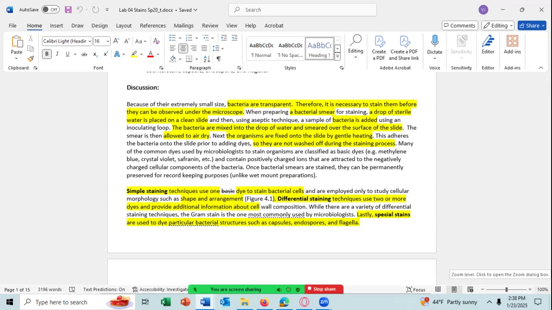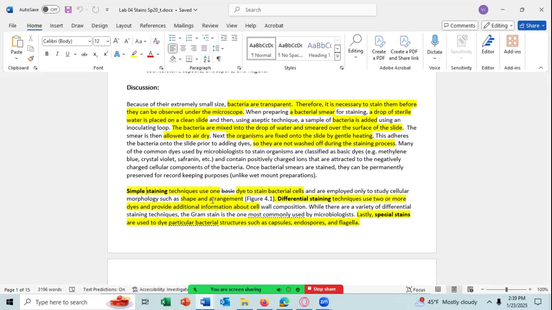All right. A simple stain is simply using one dye to stain a bacterial cell. And you notice I've crossed out the word basic because it doesn't matter what dye it is. If you use one dye, it is a simple stain. It will stain all the cells the same, but you can tell different shapes and cellular growth arrangements of the cells. We'll talk about shape and the cellular arrangement in a little bit.